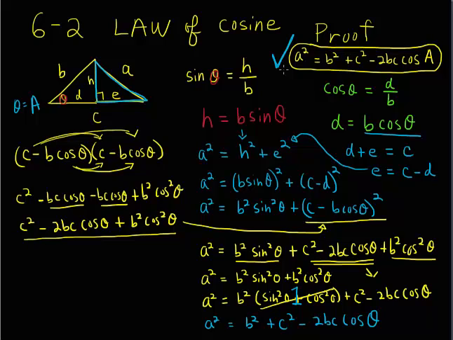So I hope that you appreciate, my students, that the law of cosine was actually derived with all the information that you already know, with basic trig function as well as a lot of algebra.